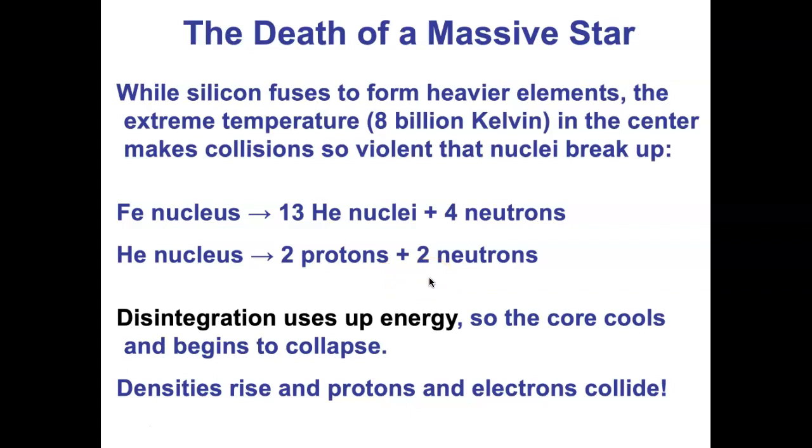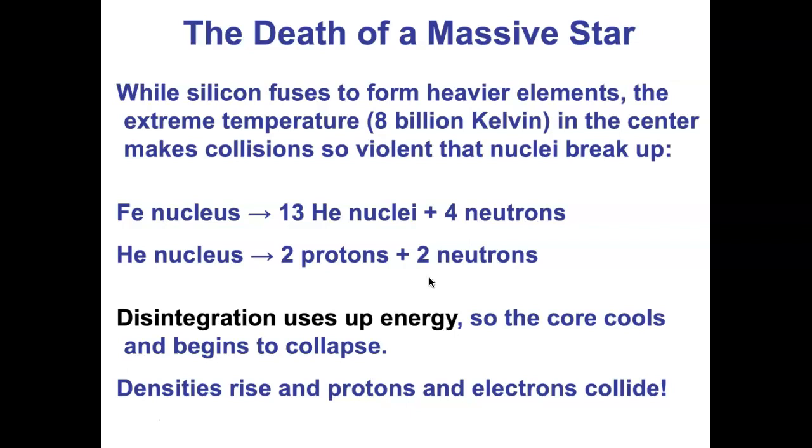As soon as all the silicon fusion has converted the core completely into iron, gamma rays are now slamming into iron nuclei. The iron nuclei are splitting into a soup of protons and neutrons. And what happens with the temperature? In order to take the iron and split it into protons and neutrons, you've absorbed all those gamma rays. You've absorbed energy.